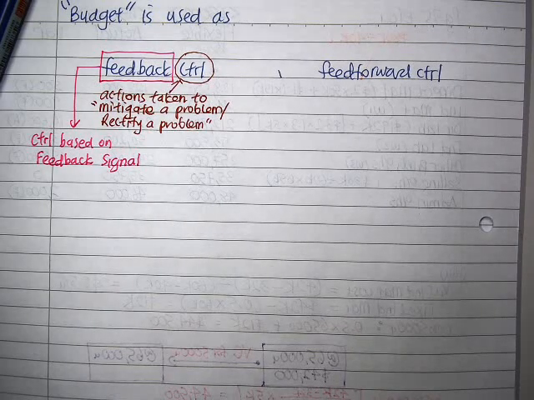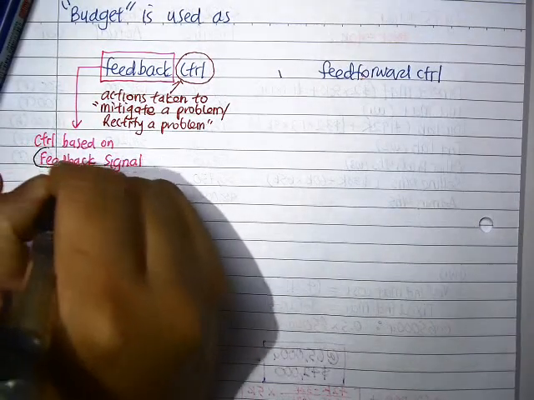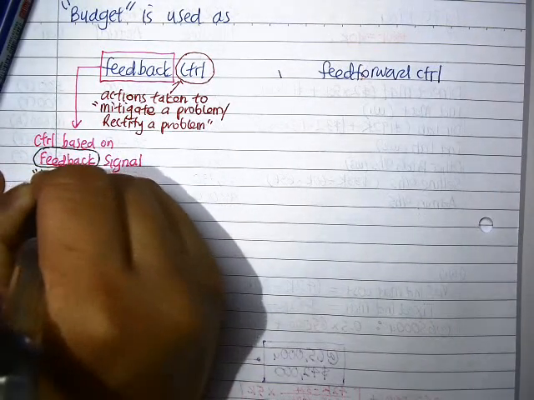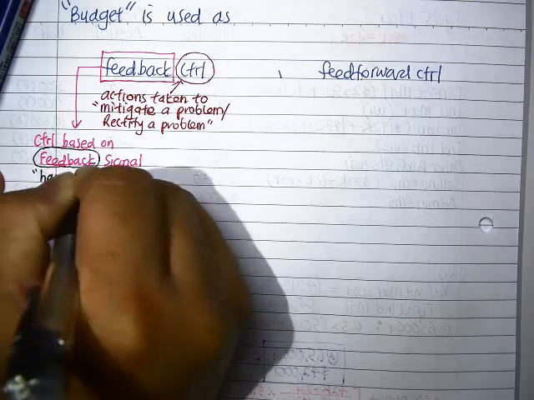So the feedback signal is what? Feedback is when something already happened. Feedback is based on something which has happened. It's a past. So feedback is something that has already happened.